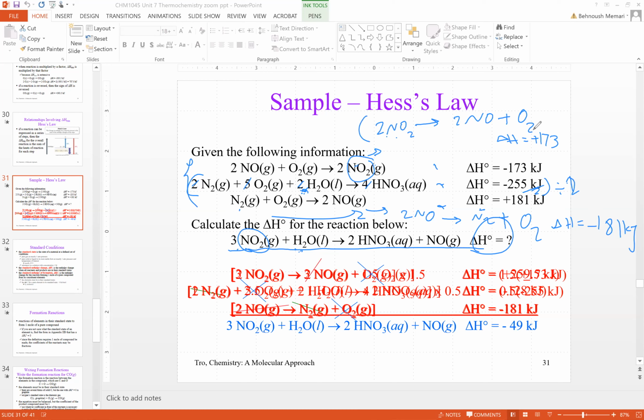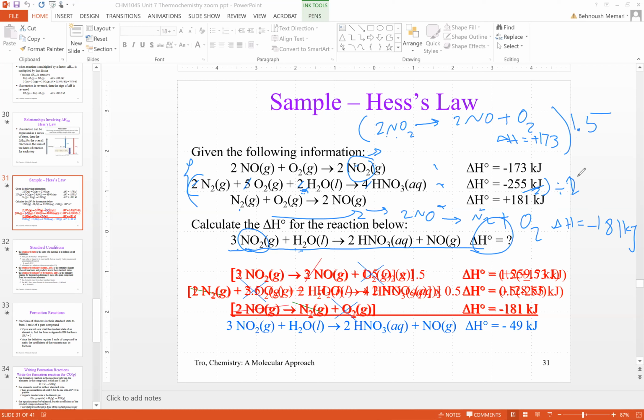So I have to multiply this whole thing by 1.5 because I have to have that 3NO2. And if I multiply that by 1.5, delta H is also going to be multiplied by 1.5. So it is reversed and is going to be multiplied by 1.5. And each time you're going to have to write these steps separately.